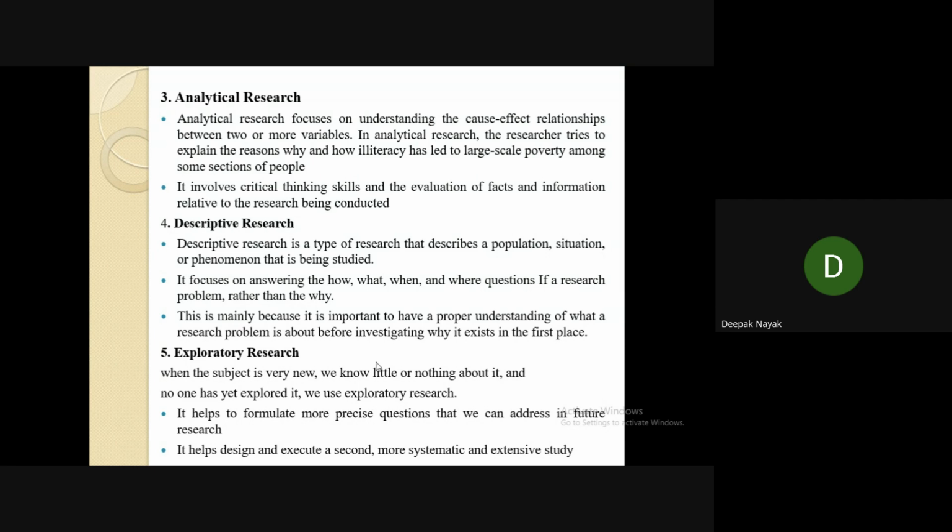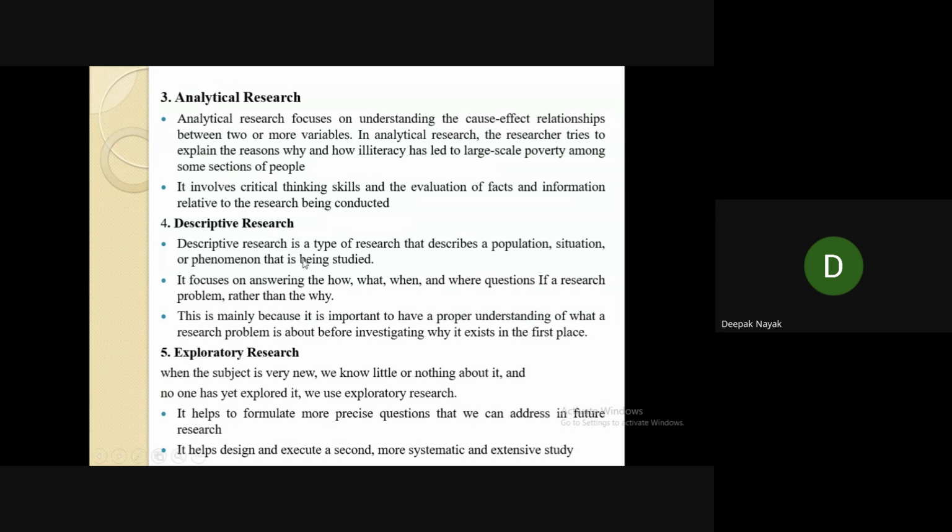So here in descriptive research, you want to answer the questions of how, what, when, and where. You are exactly trying to describe what is happening on the ground. So that's descriptive research.